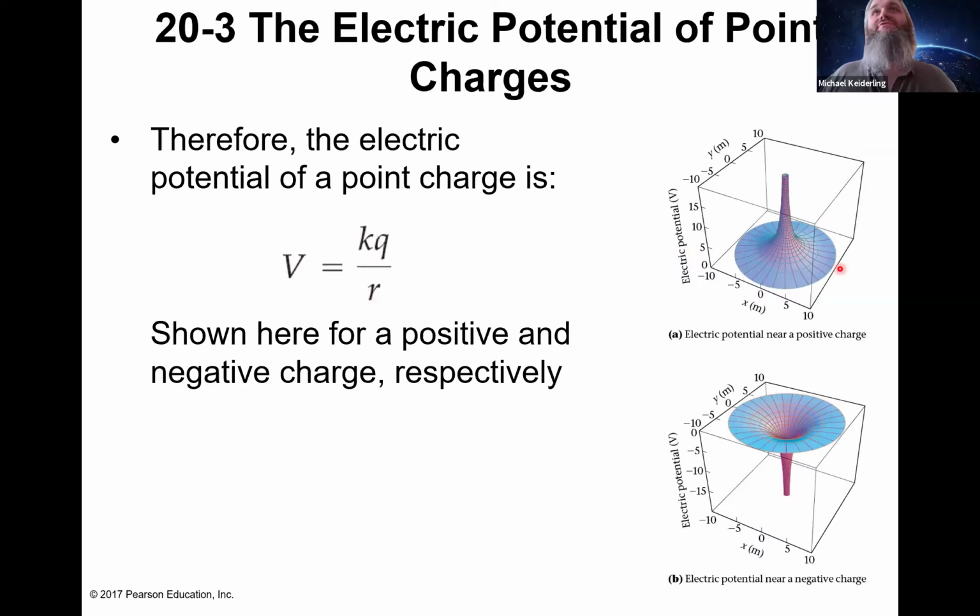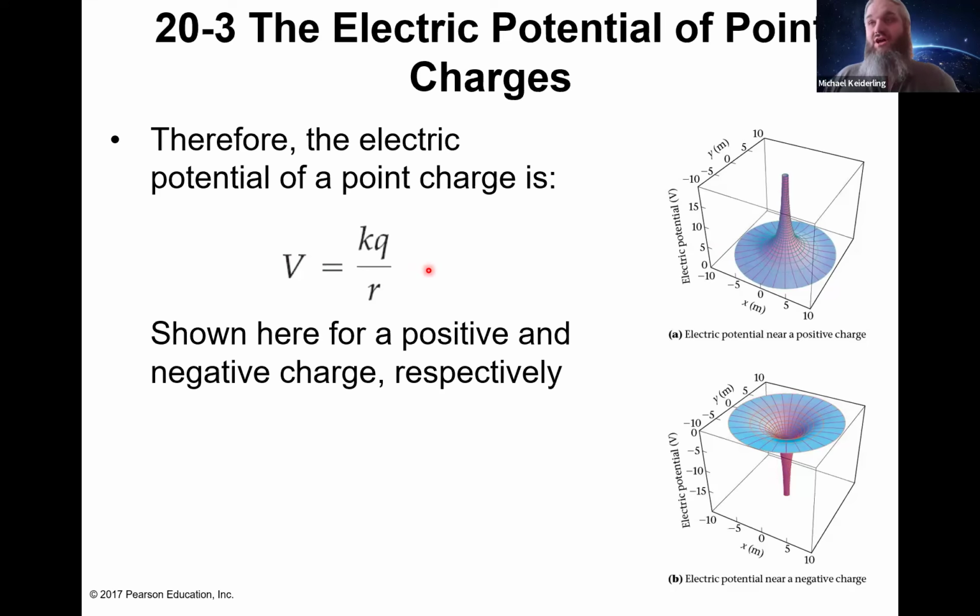And so for a positive charge, you get a positive electric potential as you approach the positive charge. For a negative charge, you get a negative electric potential that increases in magnitude as you approach the negative charge. And electric potential is 0 at infinity, and it grows as you get closer to other charges.